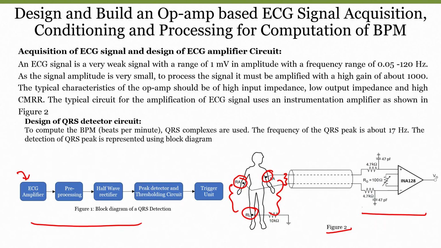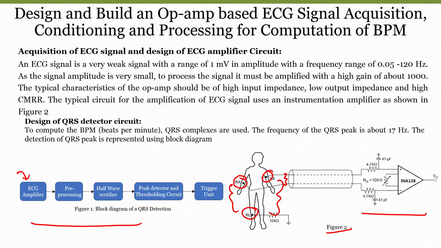The other advantage is that instrumentational amplifiers can provide higher gains. Since the amplitude of ECG signals is very small, we require a proper amplification stage too, so the required gain can be set using our instrumentational amplifier.